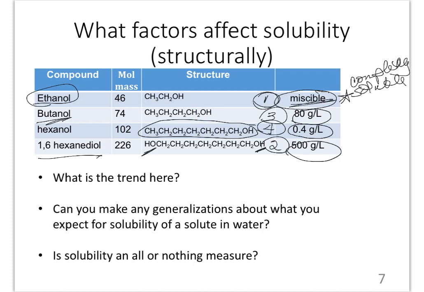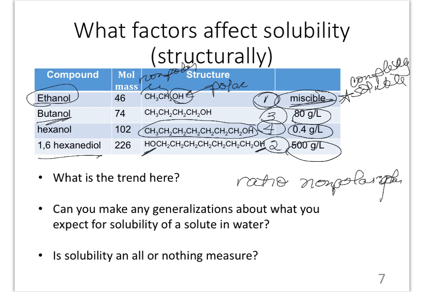Notice what's changing here. What's changing is the ratio of nonpolar parts of the molecule to polar parts of the molecule. Okay, so we know the OH portion is polar, and we know the carbon-hydrogen portion is nonpolar.